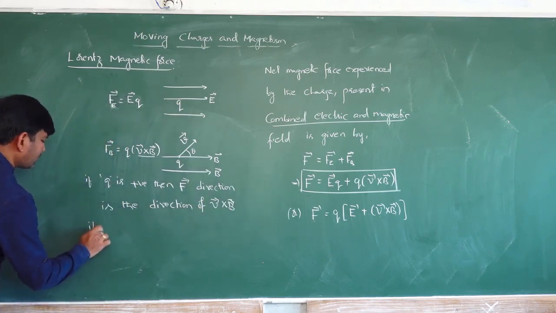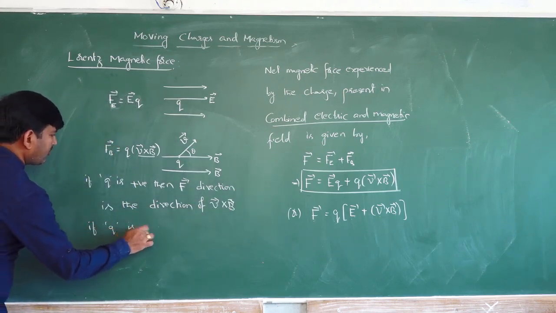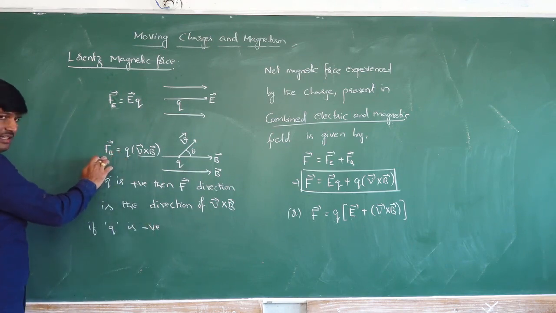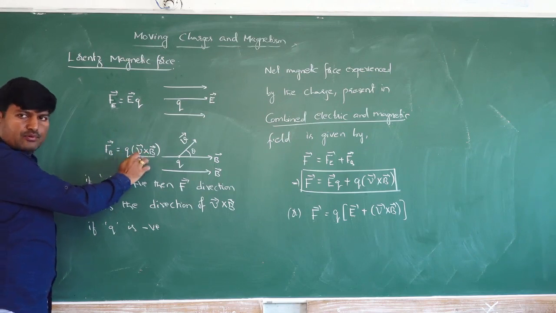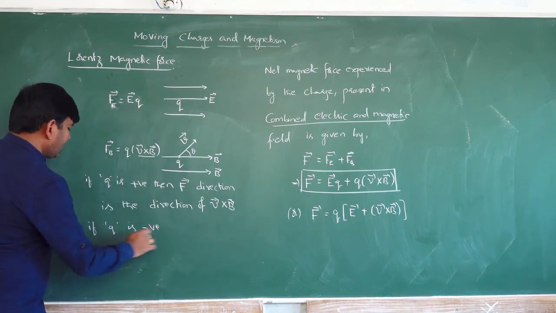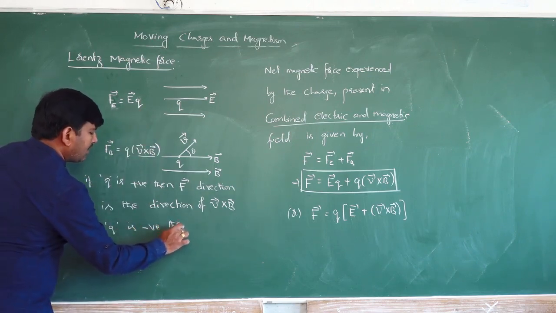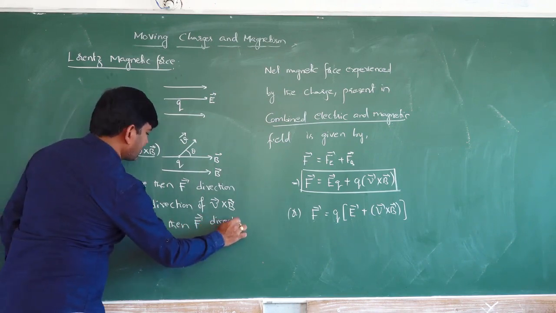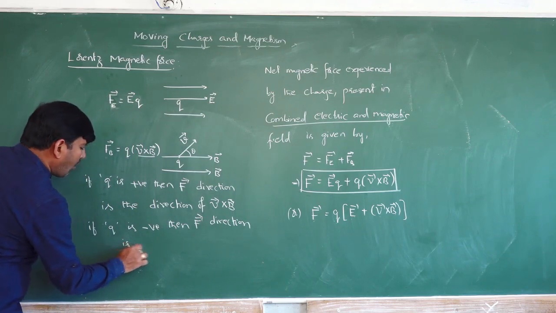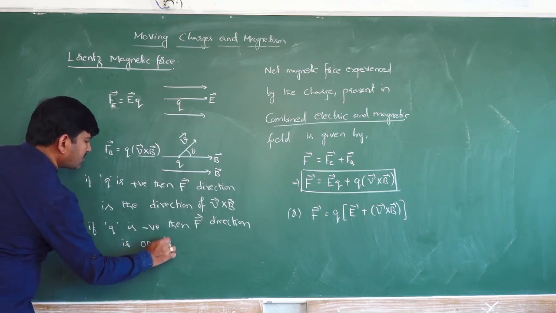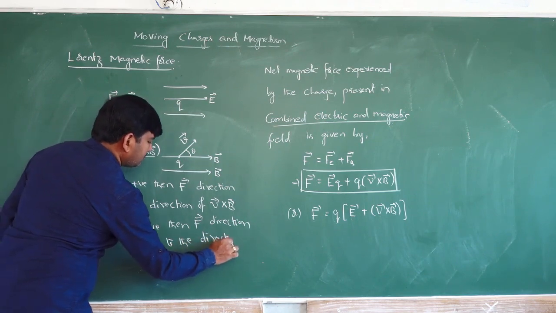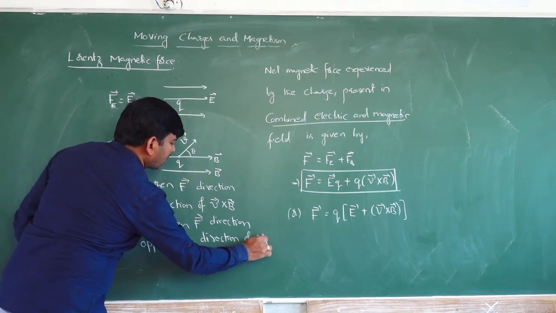If Q is negative, then the direction of F bar is nothing but the direction opposite to V bar cross B bar.